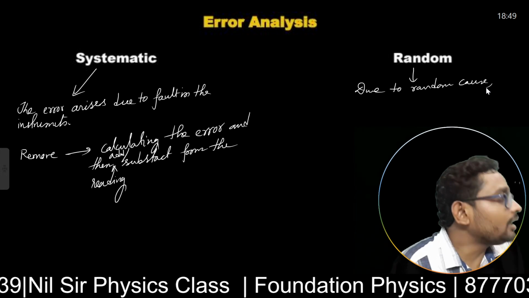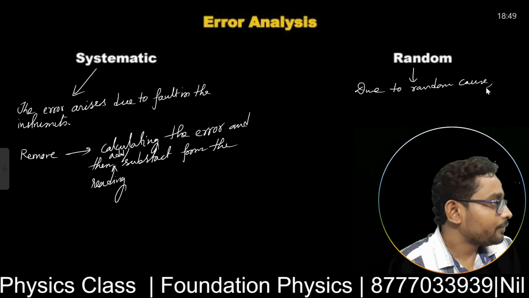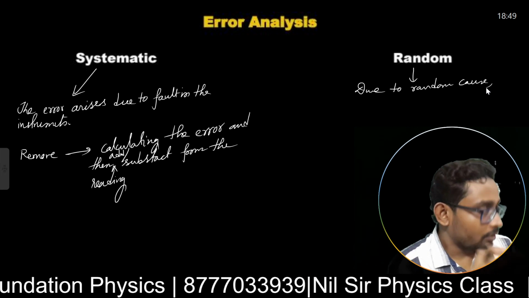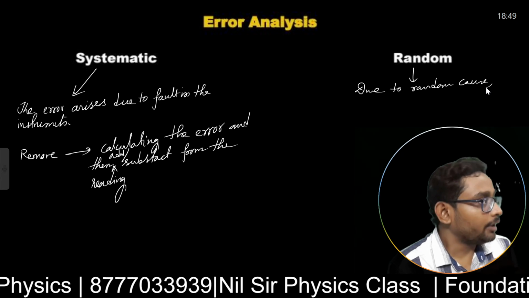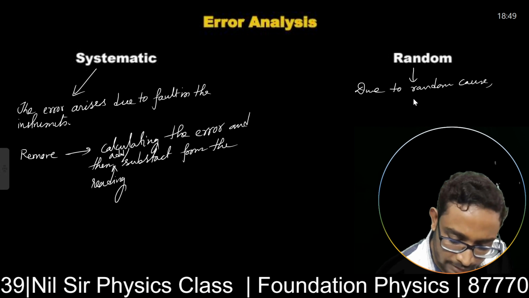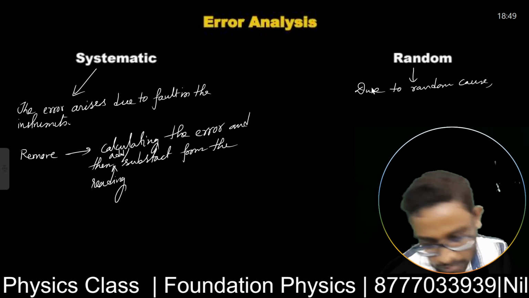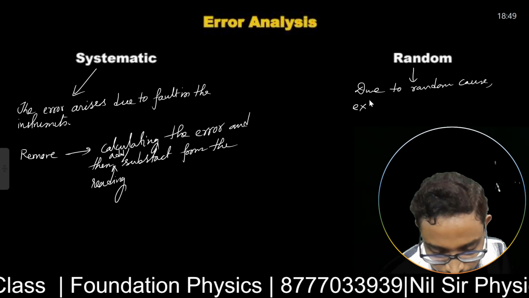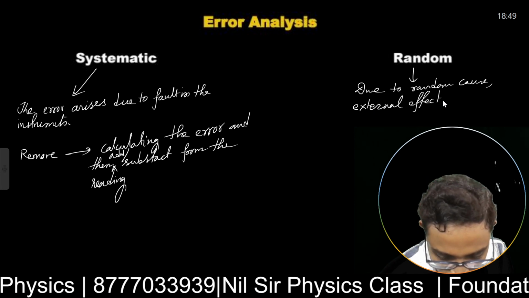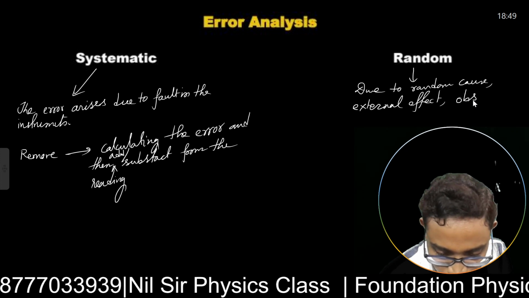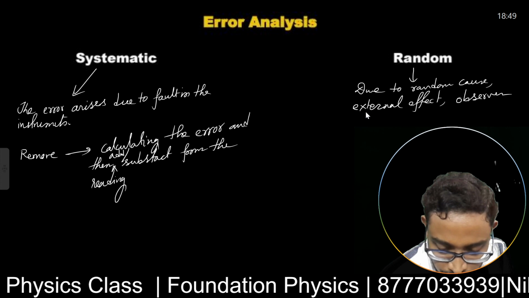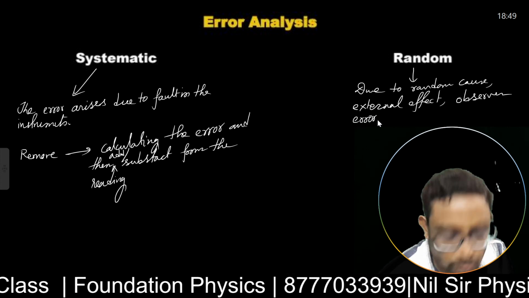This external effect could be there. So this type of error may arise when you read or measure something. So due to random causes, for example measurement or external effect, there is observer error, an error made by the observer.